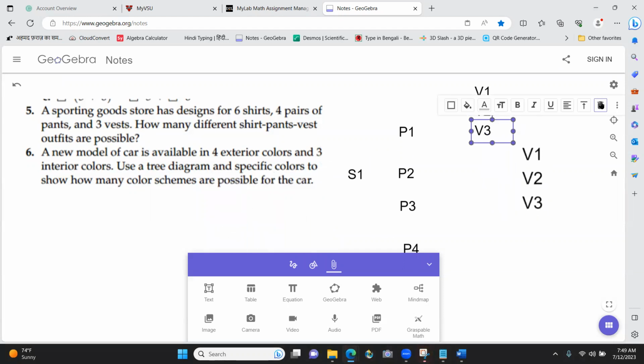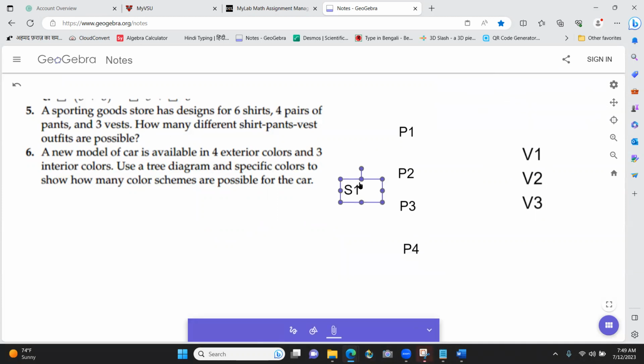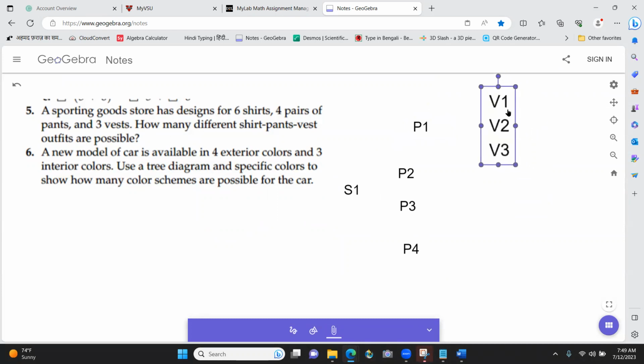All right, delete this. So I'm going to meticulously draw this one out for you, just so that you can see that it's not so straightforward, okay?